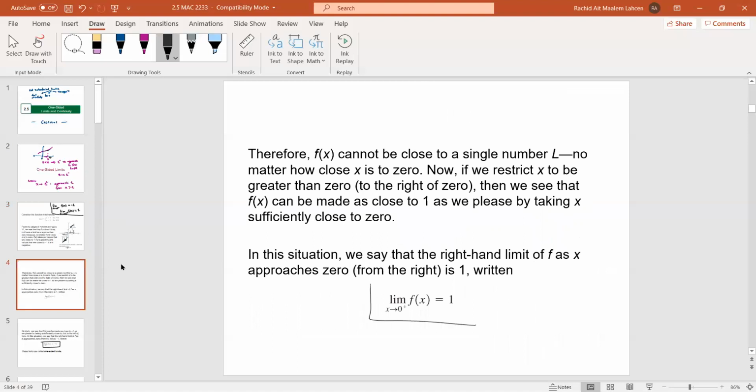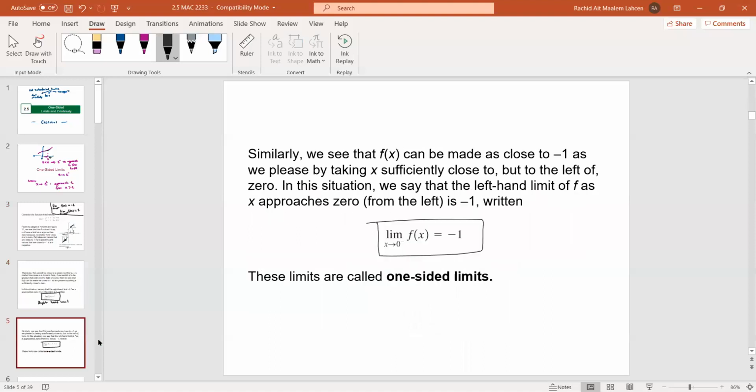So these we call the one-sided limits. We're going to say the right-hand limit for this one, and the left-hand limit for this one.